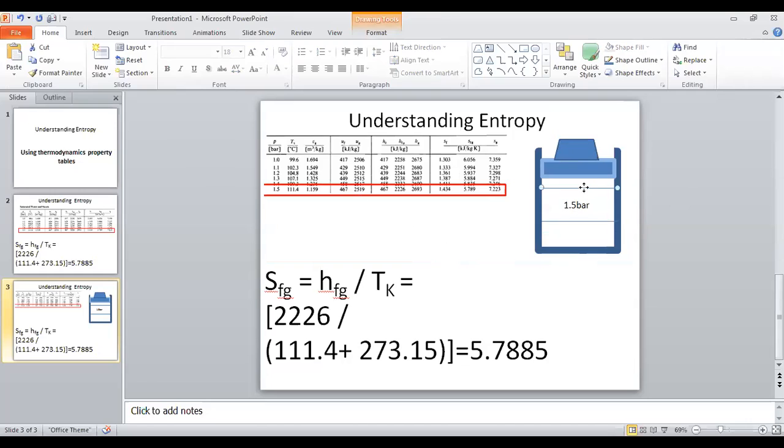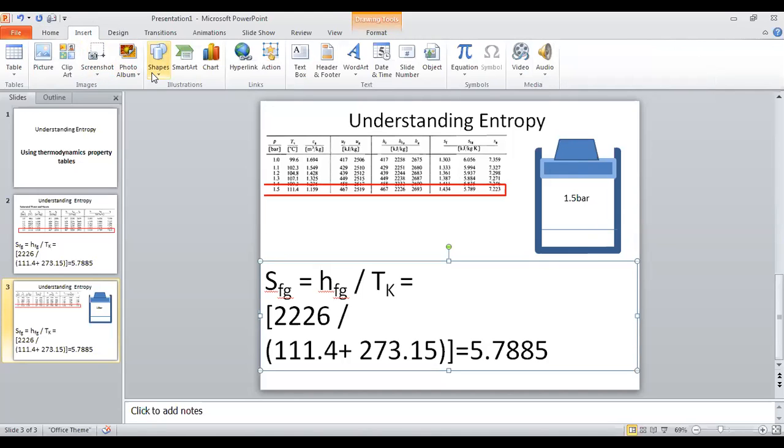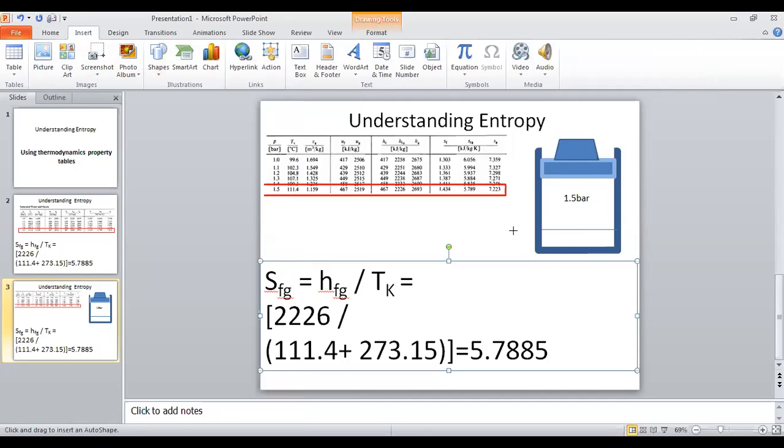The pressure remains at 1.5 bar. So this is a constant pressure heat addition. You are adding some heat to the system. Let's say this is how you are adding heat.